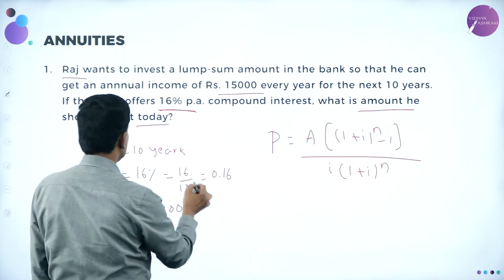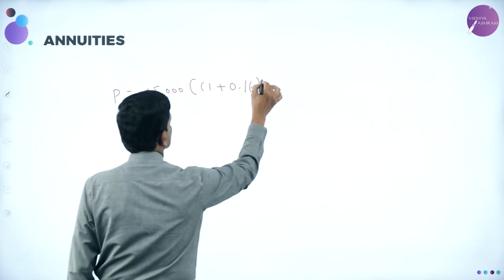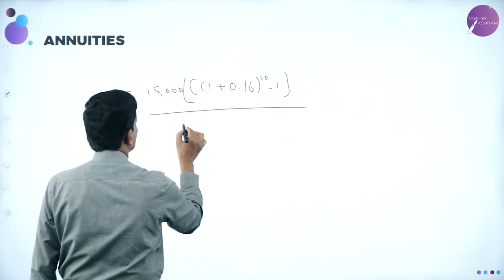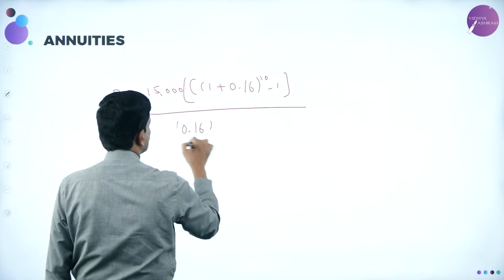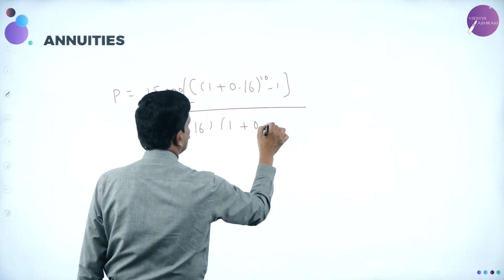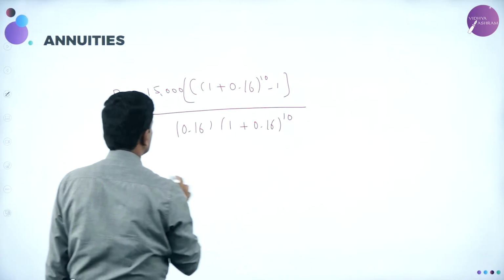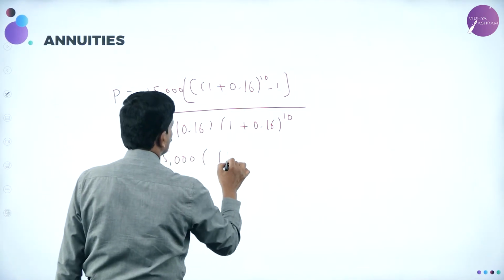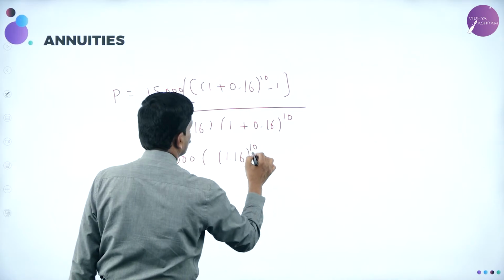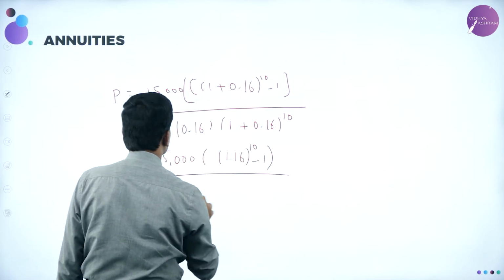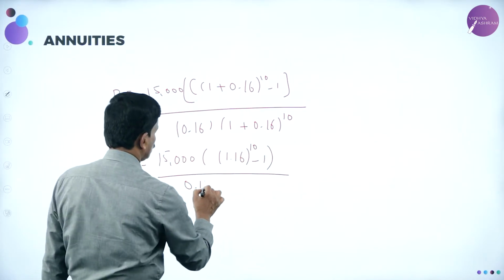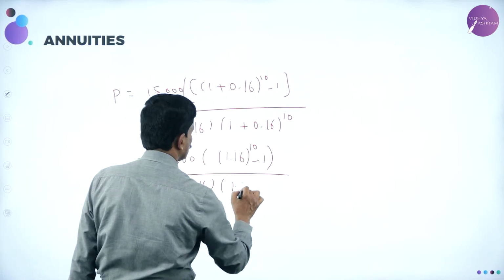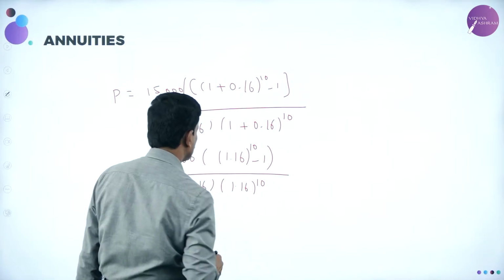What is n? N is equal to how many years? 10 years, minus 1, divided by I. I is 0.16 into 1 plus I to the power of n, which is 10. So 15,000 into 1.16 to the power of 10 minus 1, divided by 0.16 into 1 plus 0.16, that is 1.16, to the power of 10.